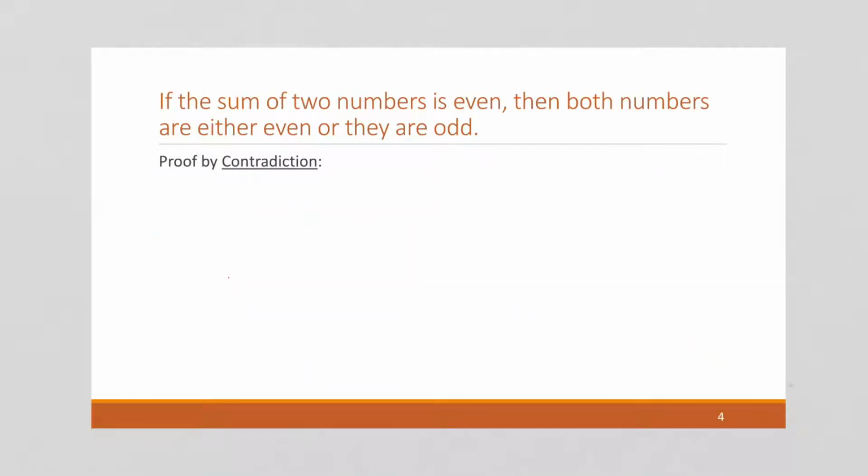Okay, so now we're going to prove the same theorem true using both a proof by contradiction and then next a proof by contraposition. So this is a little bit of a complex theorem. This is our theorem.